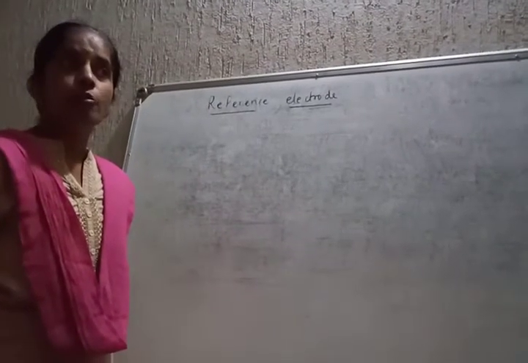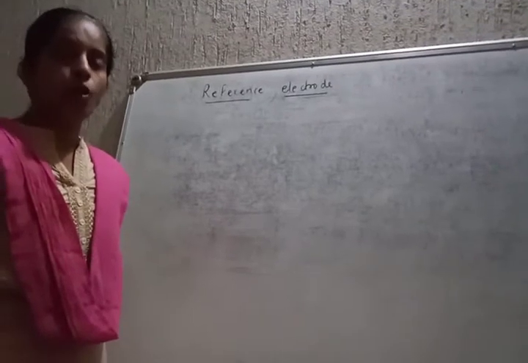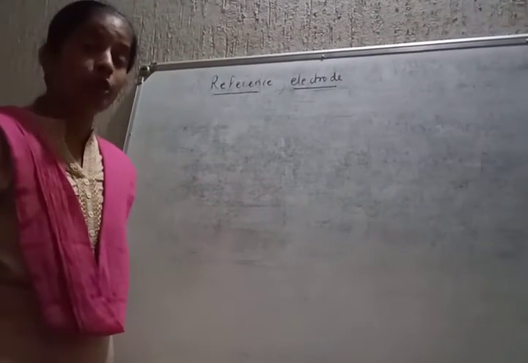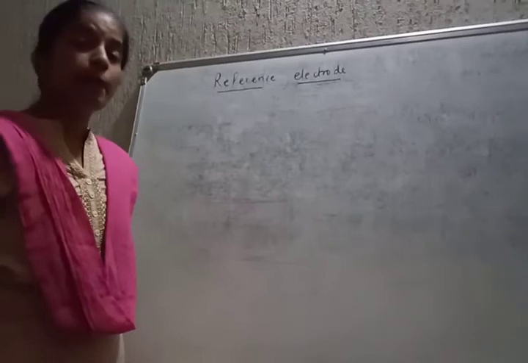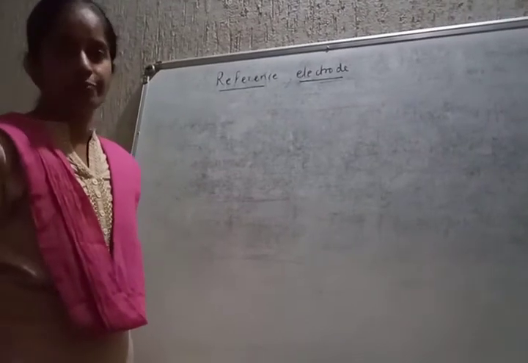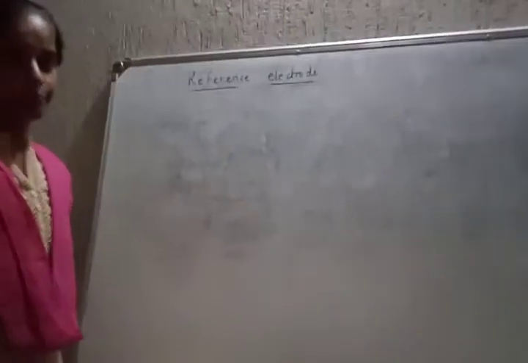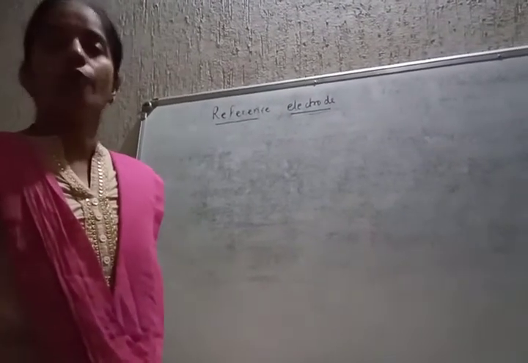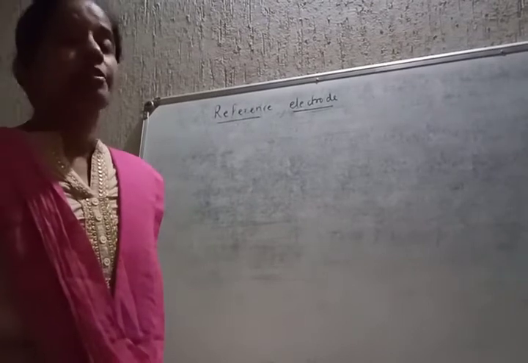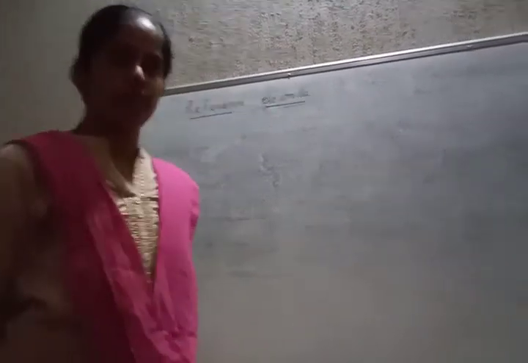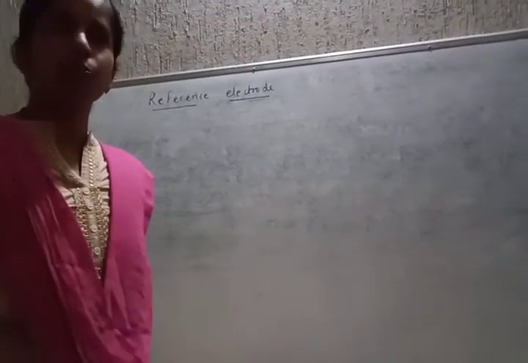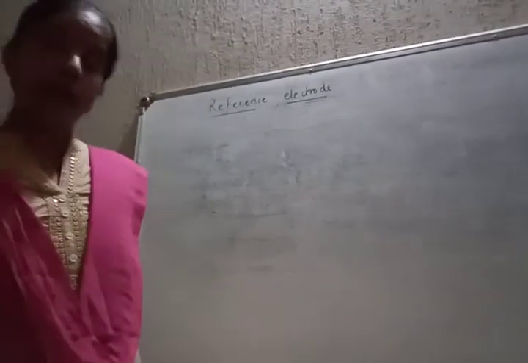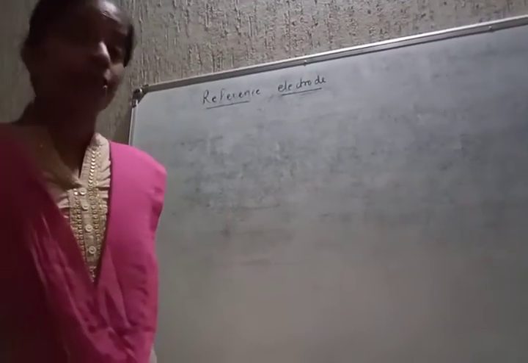Students, if the potential of one of the electrodes is completely taken as 0, then whatever is the total potential of the galvanic cell, that is the potential of the other electrode. One such standard electrode is used for reference. Why do we do that? I'll give you the uses of this.